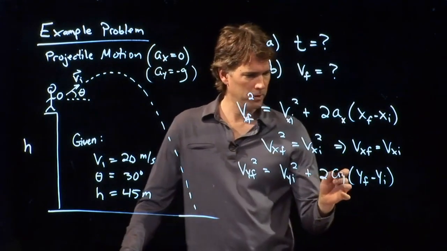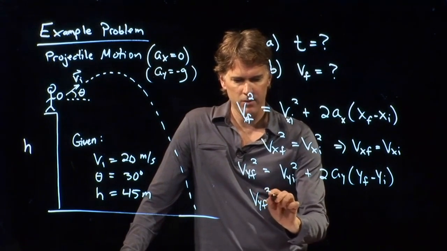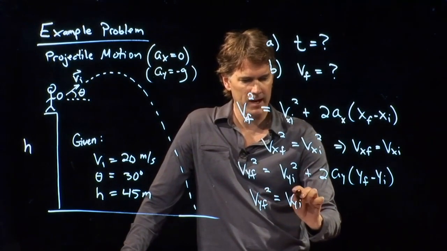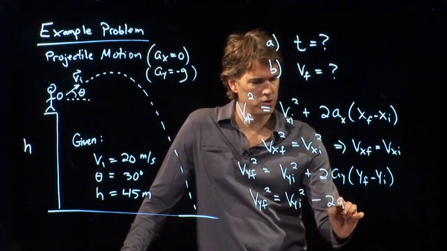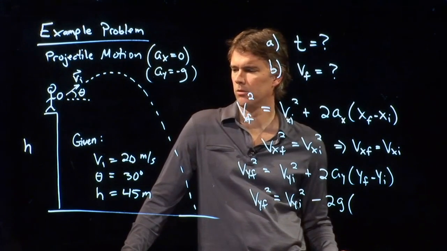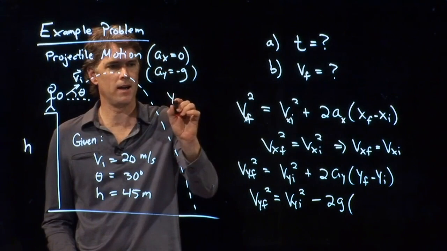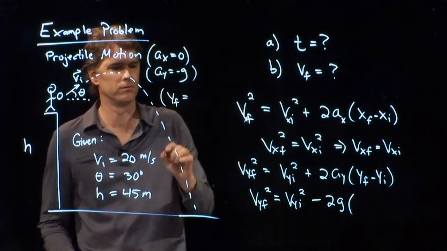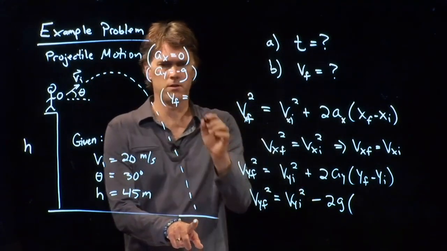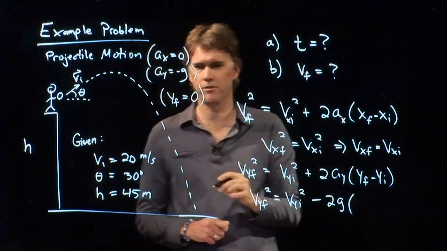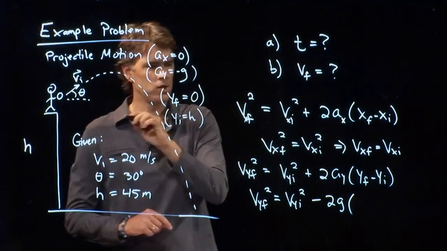All right, so we know that, and so we can calculate Vy final. Vy final squared equals Vy initial squared minus 2g times what? Well, what is y final equal to? Yeah, 0. It's on the ground. Y final is 0. Y initial, we told you, was h.